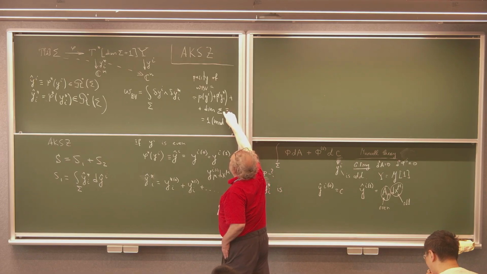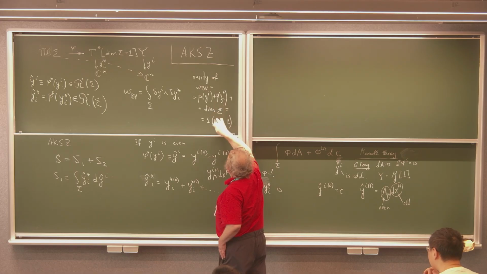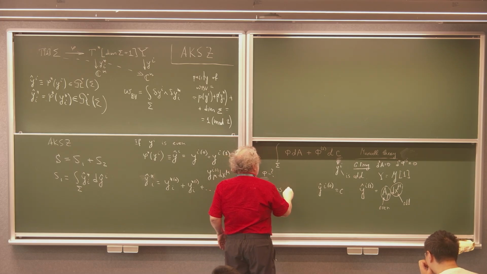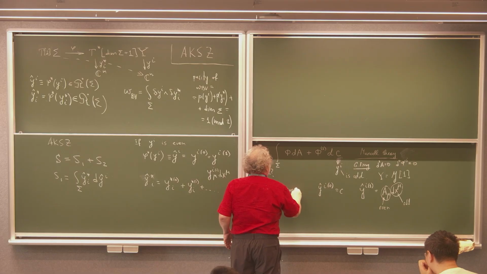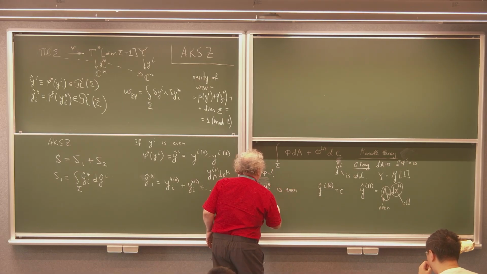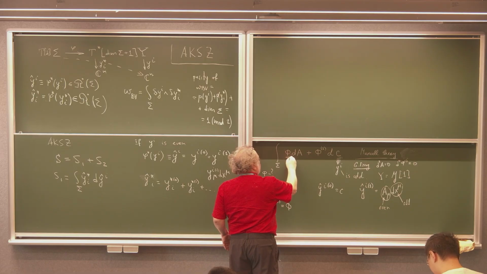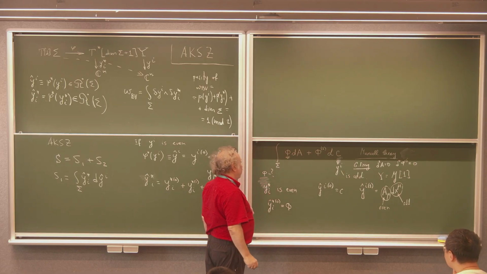The dimension of sigma is 2, a two-dimensional field, so the parity should be opposite. That's why yi star is even. Component 0 is pi. It's 0.